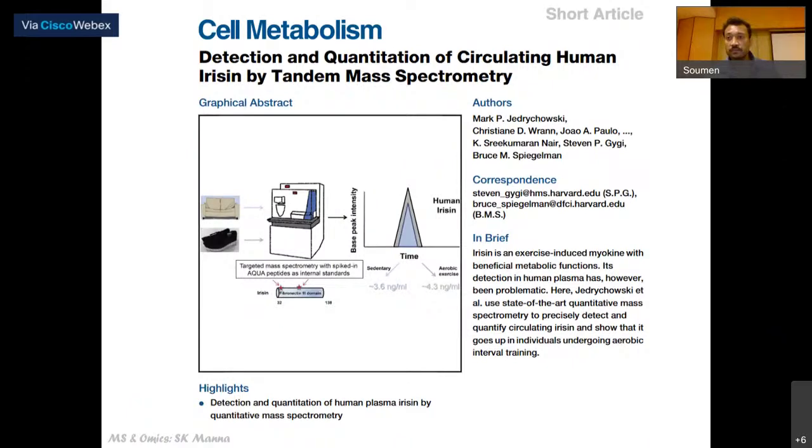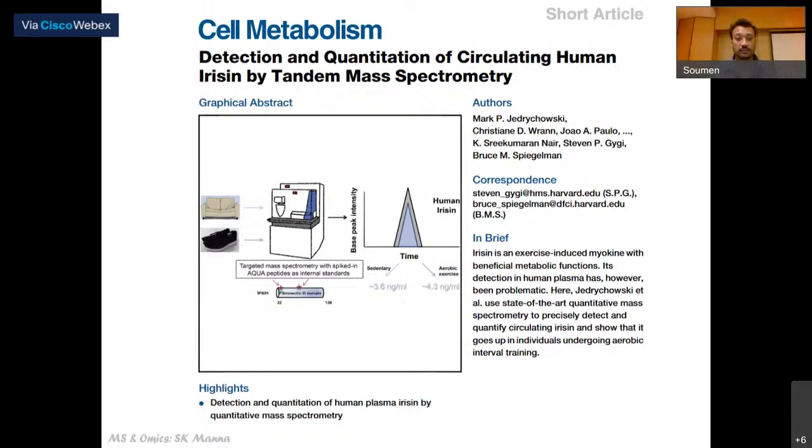So yeah, this is just the last slide. Just again to give you an example, whether all these things have really helped us learn something new. Here is an example of a myokine, irisin.